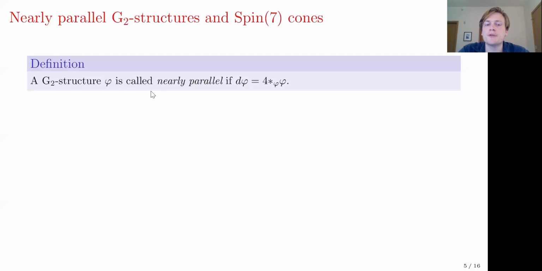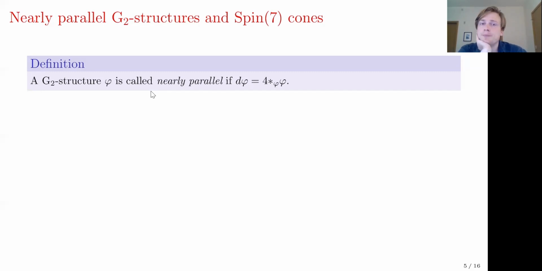Phi defines a metric and a volume form, so those together give you a Hodge star, and we can certainly form the 4-form, which would be the Hodge star of phi itself. And we'll call it nearly parallel if it so happens that this 4-form lines up with the exterior derivative of the 3-form phi.